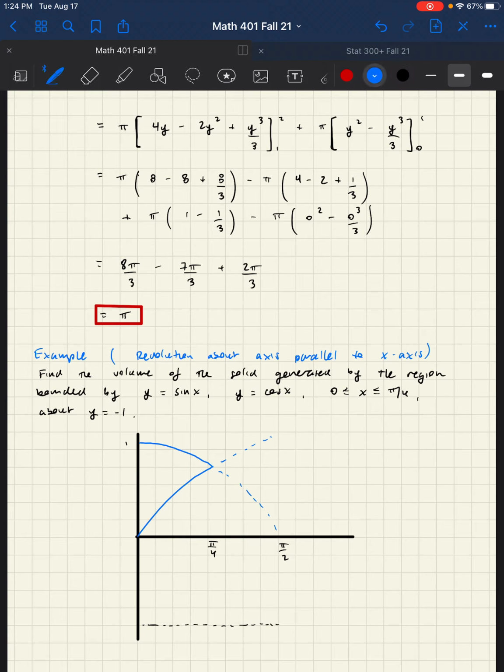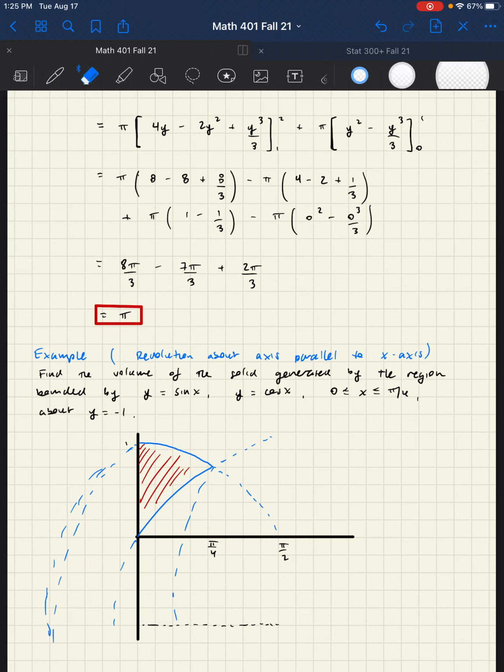So our rotation is happening about this line. Sorry, I know this isn't the greatest picture. So this region here is what's being rotated about. Okay, let me erase that because that's going to get too cluttered.